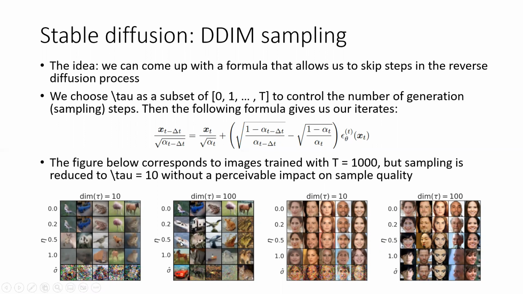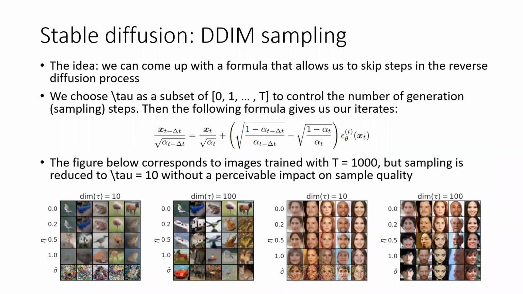And you can see some of the results. These images correspond to a diffusion model trained with capital T equals 1000, but instead of taking 1000 reverse diffusion steps, we are just going to take 10 or 100.